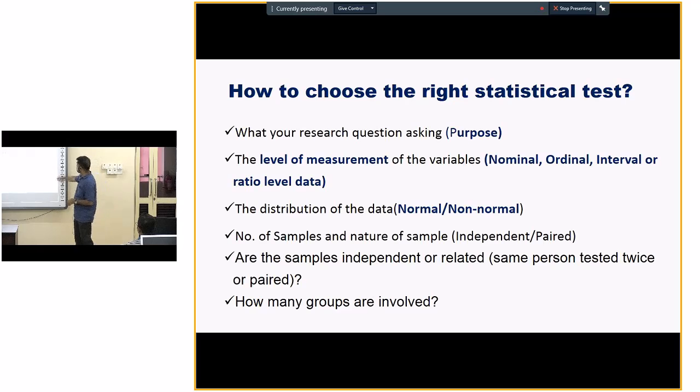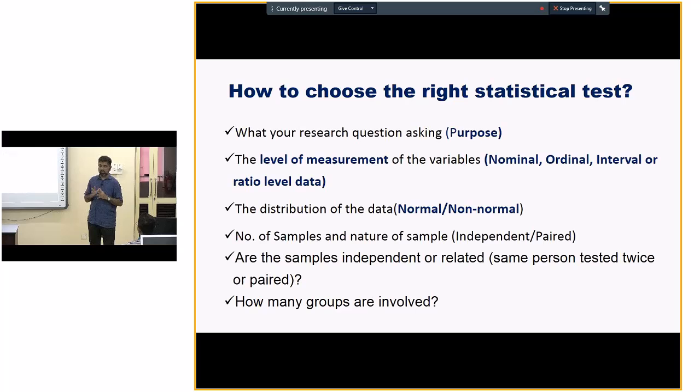But if you have interval or ratio level data, that means quantitative data, you can go for the parametric test. But we cannot say that if you have quantitative, interval or ratio level data, then you must use the parametric test. We cannot say like that, right?